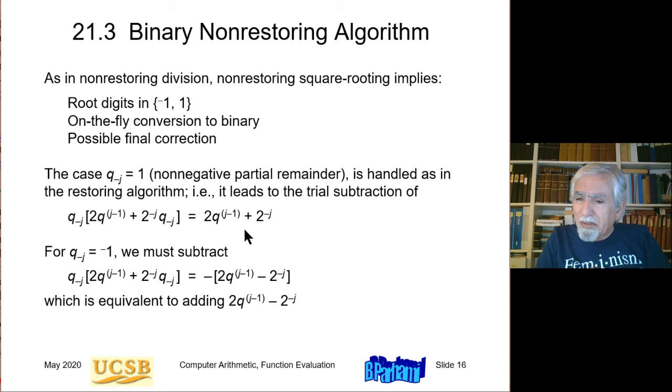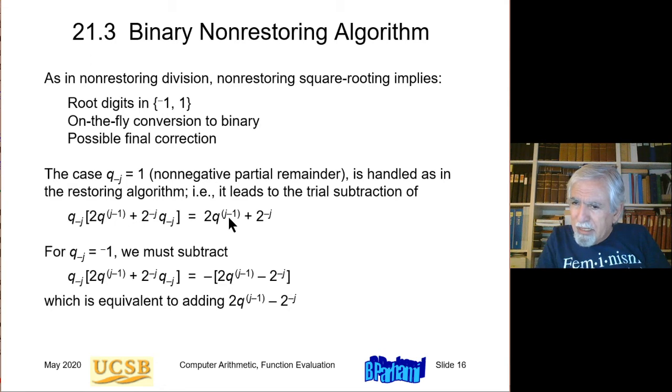The details are a little bit different from division in this case. So this is basically subtract, storing, square rooting. If we have to add, it's provable, and I'm not going to prove it here, that we have to add this value in the next step.